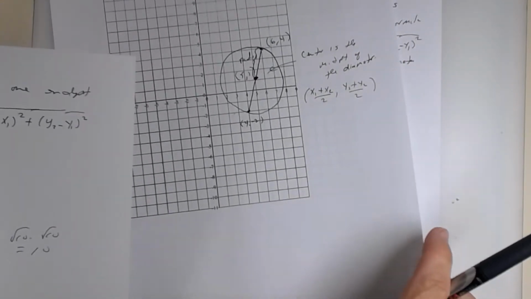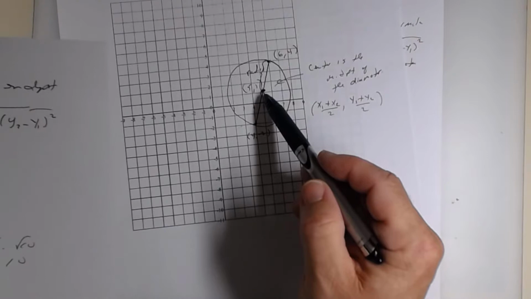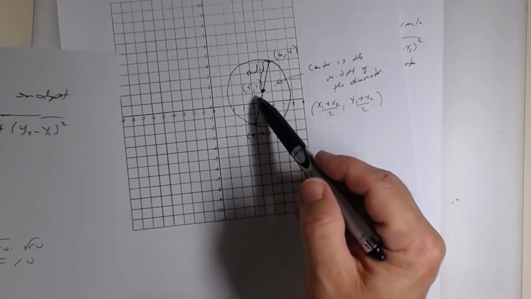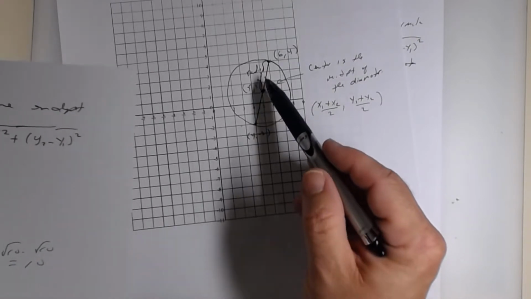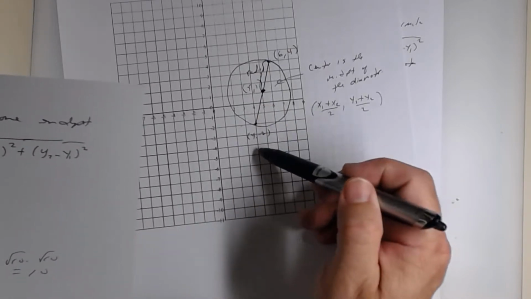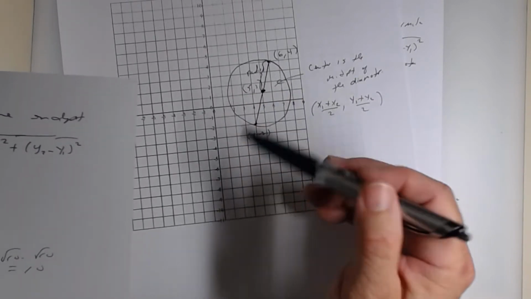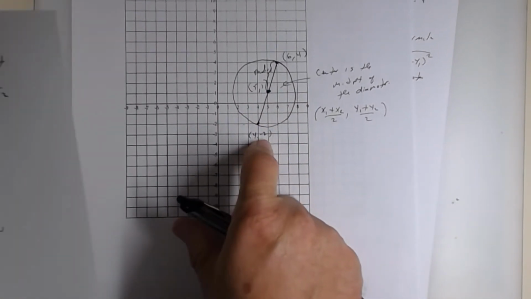So it's up to you which one you use. The problem, though, is that you could have easily made a mistake with the center. You may get the diameter correct, but the center may be wrong. So you just have to be careful how you do this stuff.